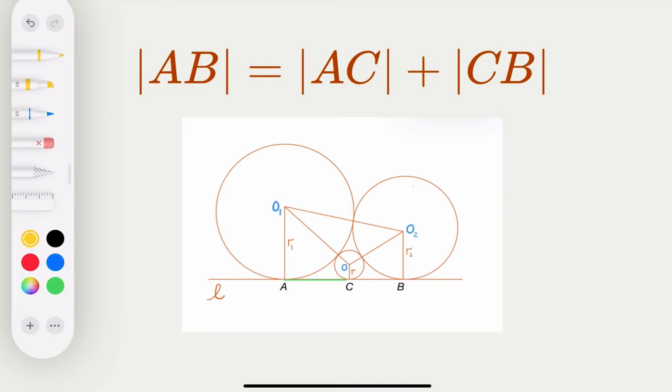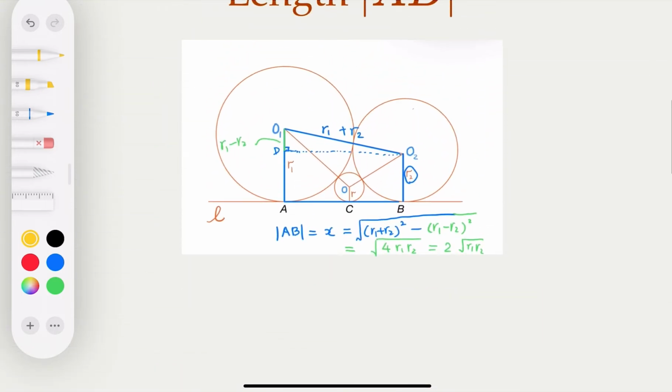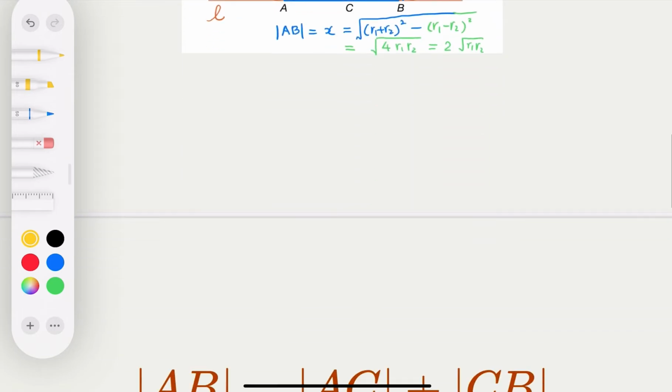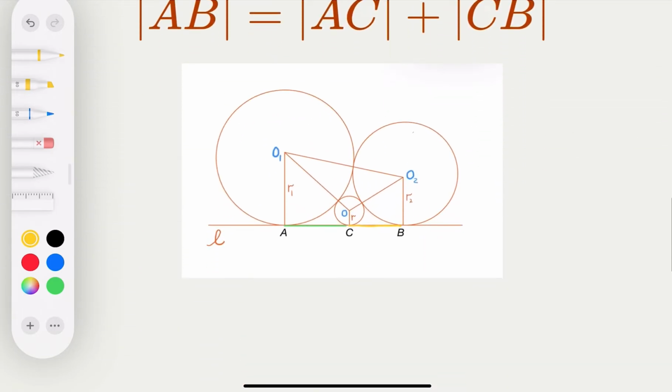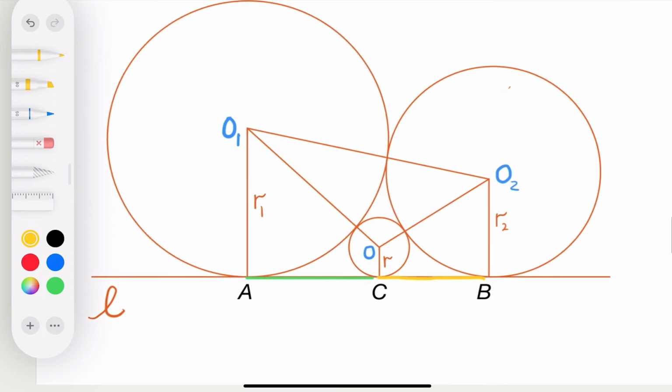How about yellowish? This is here. But for AC, you can use the same trick. Just look at this blue shape here. For AC, here, let's magnify this. Let's look at this green shape here.